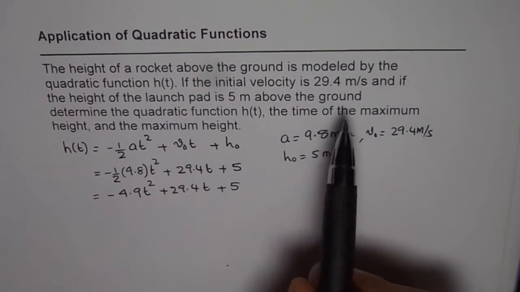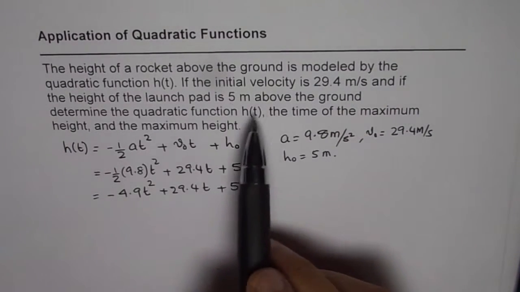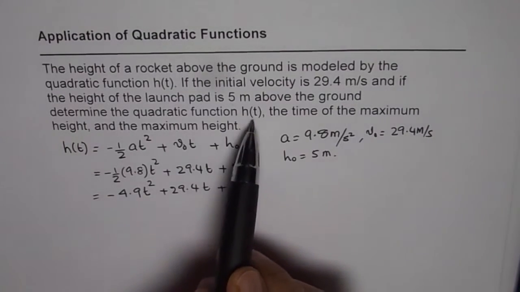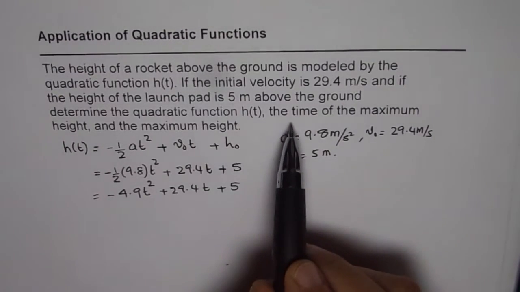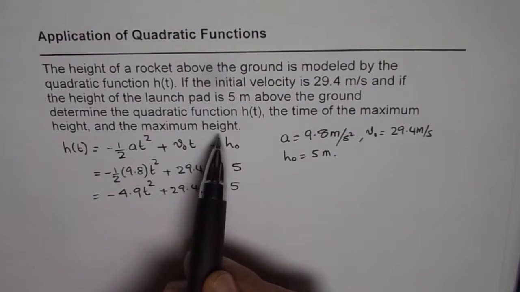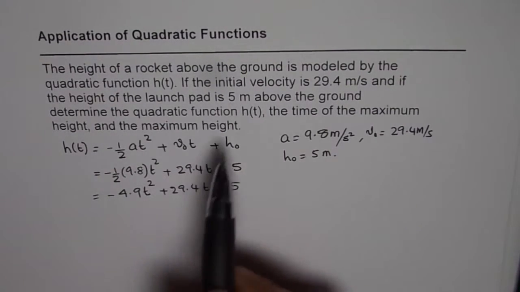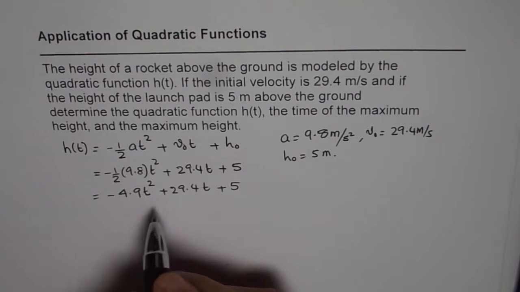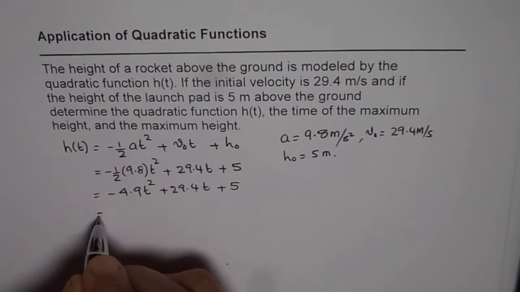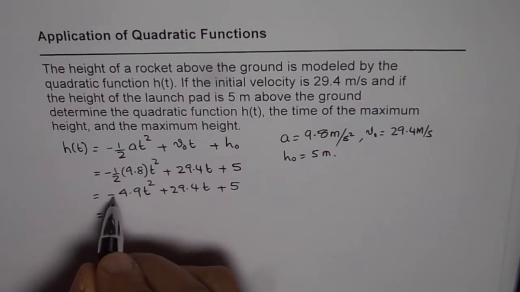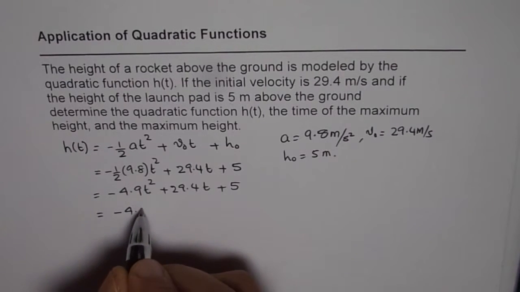Now let's get back to the question. It says, determine the quadratic function h of t, which we have done, the time of maximum height and maximum height itself. So we can do completing the squares to answer this part. So let's continue with completing the squares. To complete the squares, we need to take minus 4.9 common.